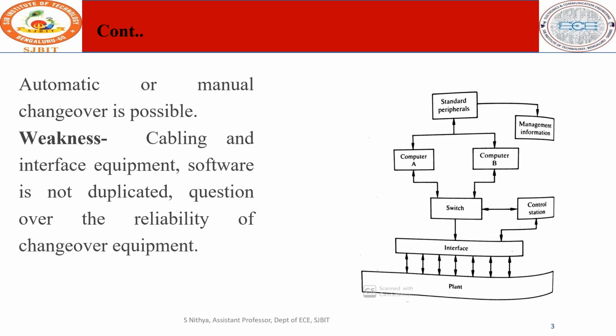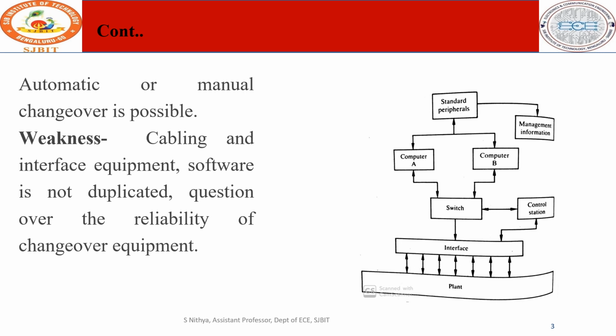Here we can have an automatic or manual changeover. The weakness is the cabling and the interfacing equipment and software, which are not duplicated, and there is a question over the reliability of the changeover equipment. So this is the weakness of this particular system.